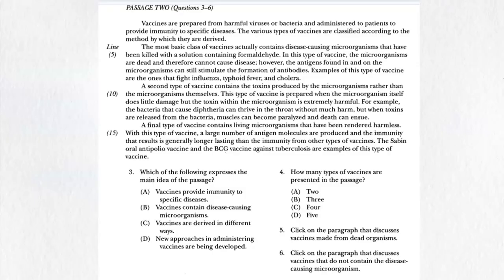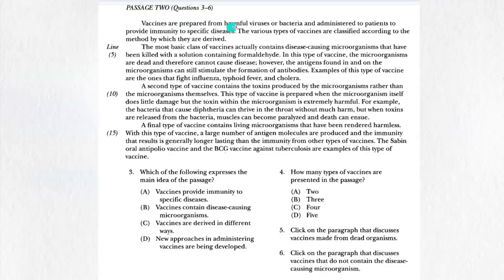Okay, so let's check the answers. We have question 3C, that is, vaccines are derived in different ways. Let's see the first line in each paragraph.